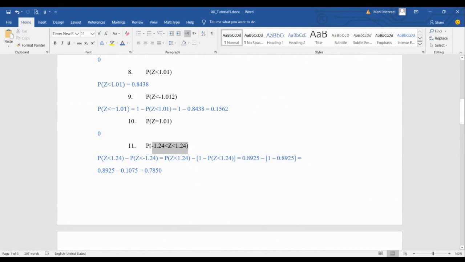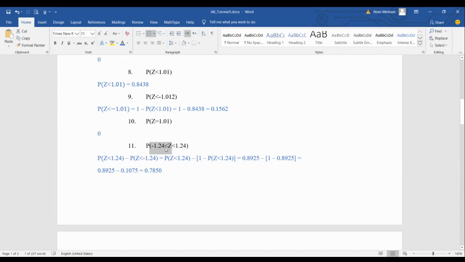So let's see how I can change this one to the format of less than or equal something. So in that case, consider this one. Probability of 1.24 minus complement of this one. You see, we change the direction of inequality, and we write the same number.